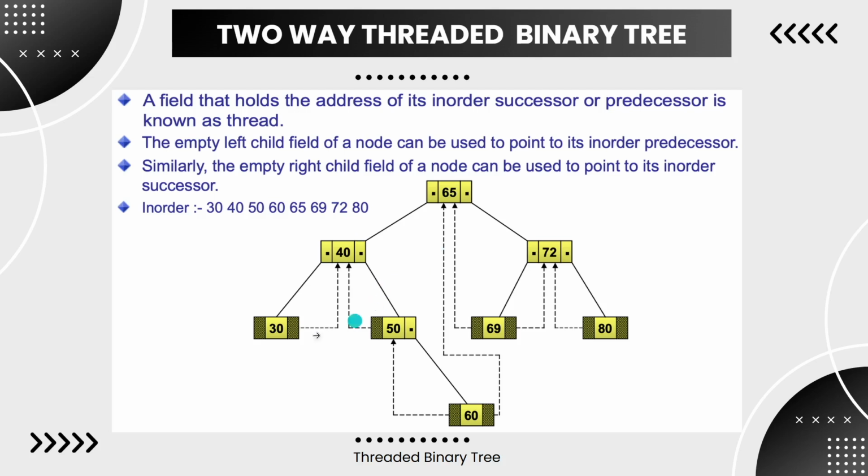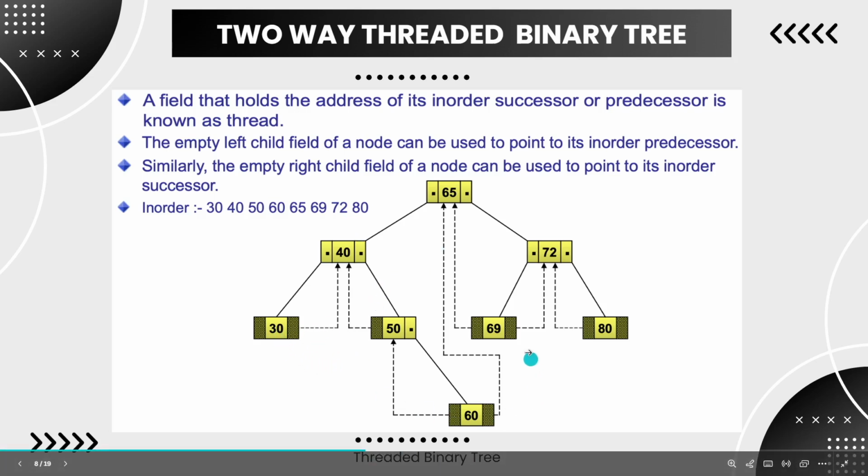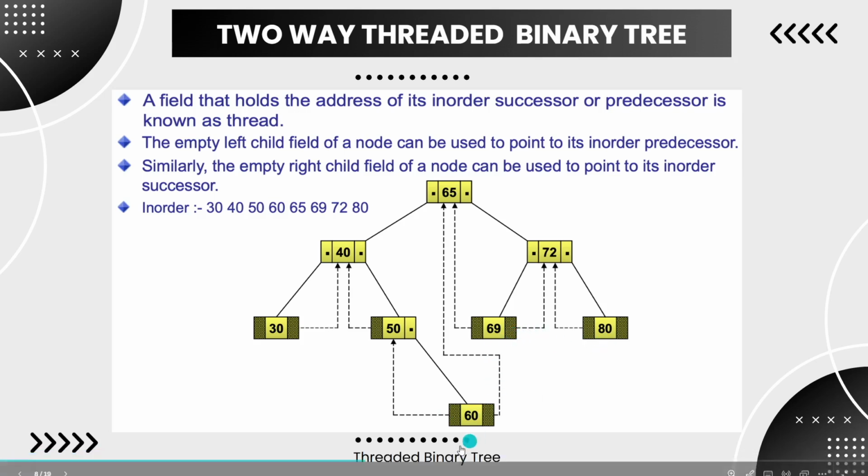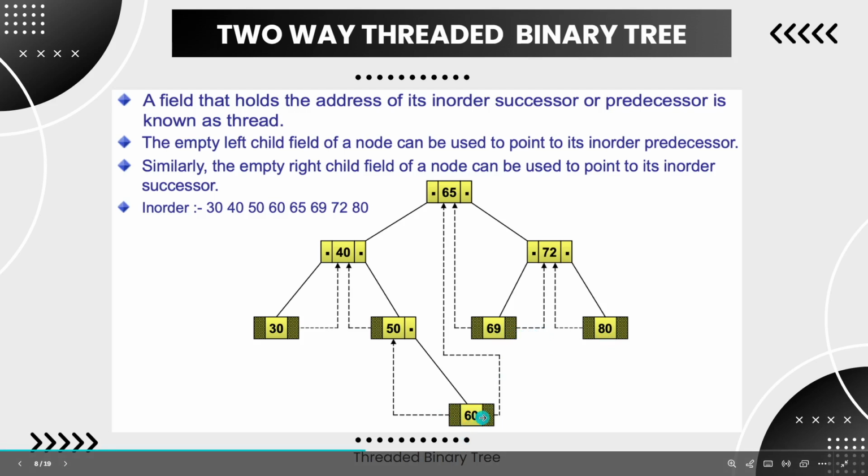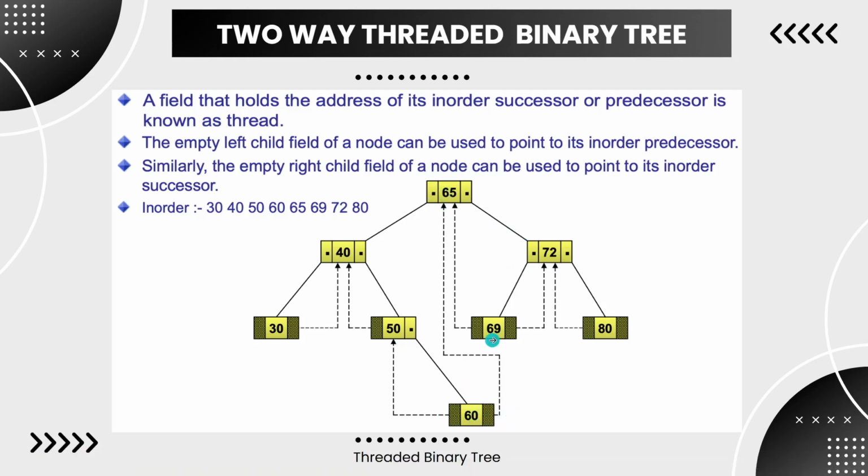Here in this case, you could see that nodes 30, 60, 80 and 69 are all leaf nodes, and with respect to 60, it is made to store two threads, one pointing to its immediate predecessor which is 50, and one pointing to its immediate successor which is 65. The same is the case for node 69, but you could see that nodes 30 and 80 do not have a left thread and a right thread respectively, just because they do not have an immediate predecessor and immediate successor.